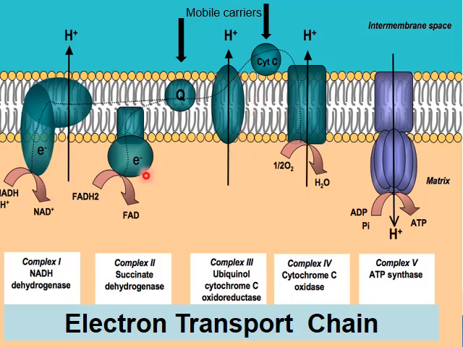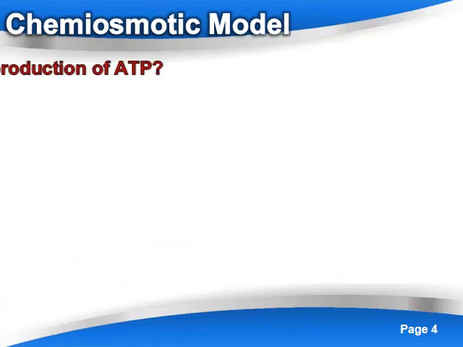This explains the secret of forming 3 ATP when starting with NADH and only 2 ATP when starting with FADH2.